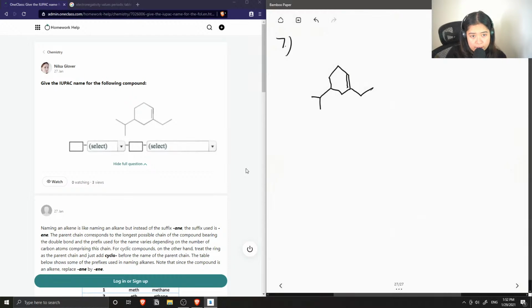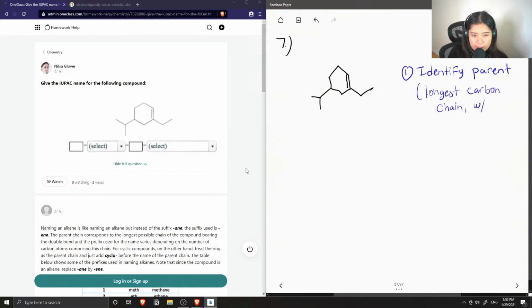So when naming these compounds, we first want to identify our parent. So this is typically the longest carbon chain, or in this case, cyclic ring, with our most important groups.